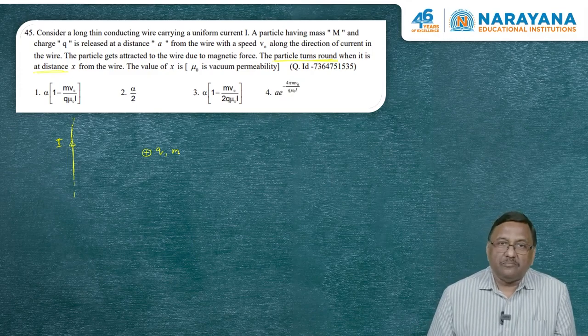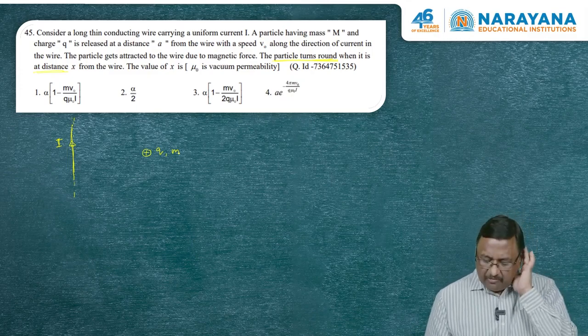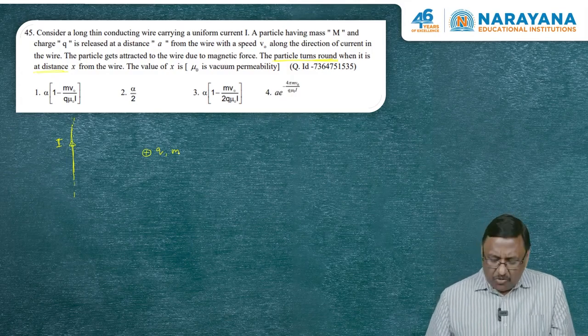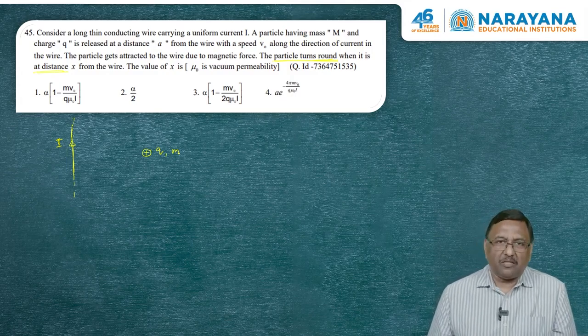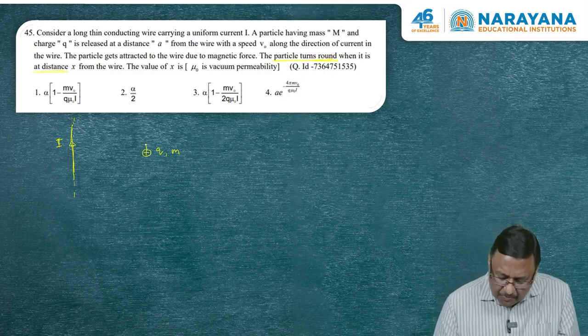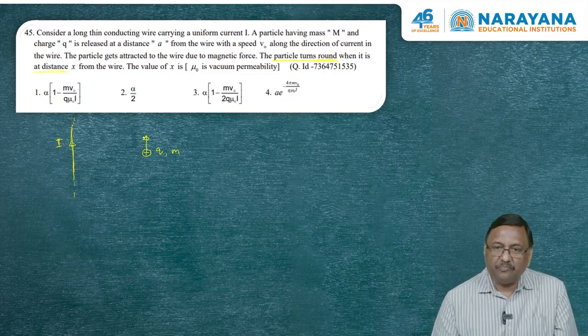I'm not following this in the conventional method, because with conventional methods you get a very long solution for this question. He is saying it is projected in this direction from a wire with a speed v0 along the direction of current.